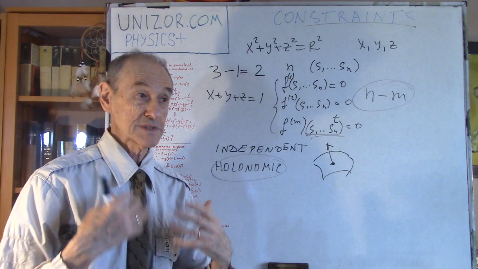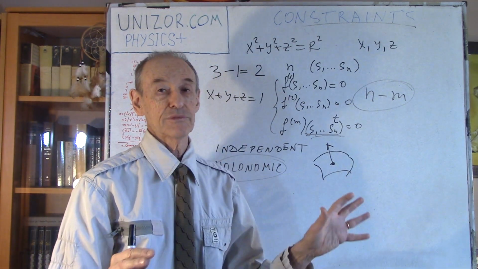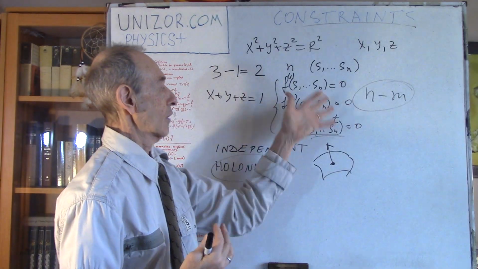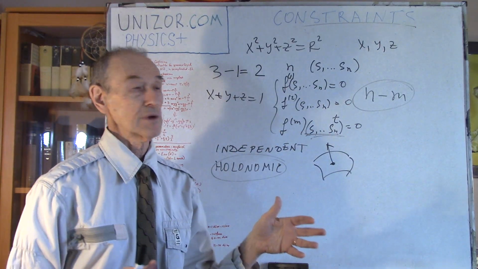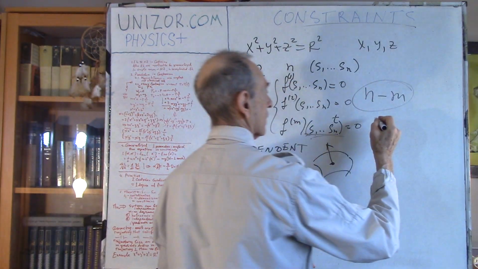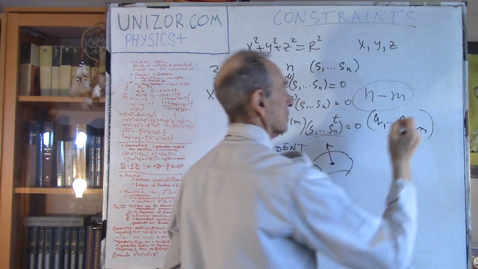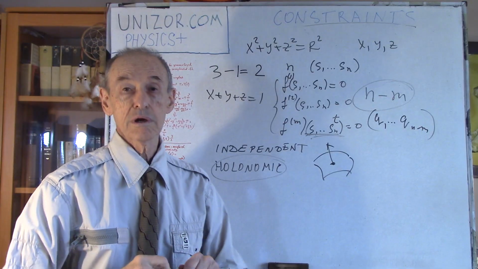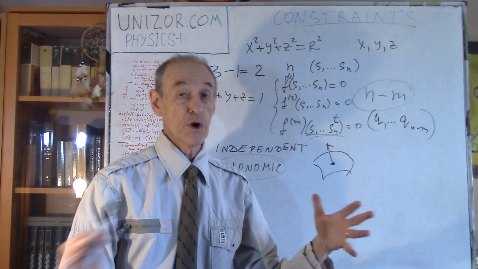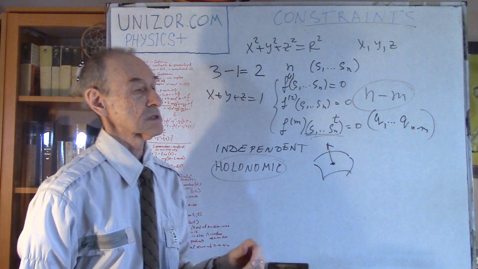We can smartly choose these parameters. And after this, we don't really need to know that our system has all these constraints. We don't need to use S1, Sn. We will use something like Q1, etc., Qn minus m to define position on this particular surface, which is the result of intersection of many of these surfaces.